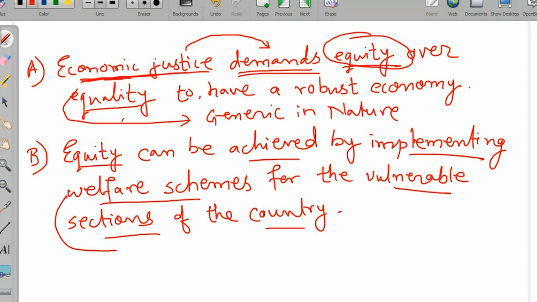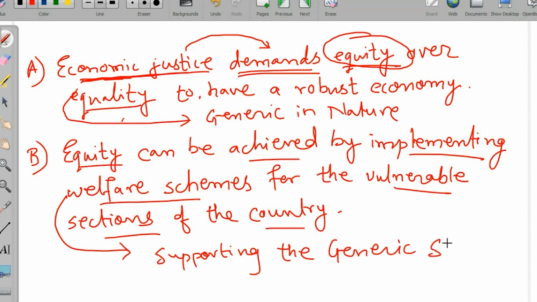Whereas statement B is supporting the general statement, or the generic statement. Is that clear? So this is also an example of generic to specific. I hope you have understood this.